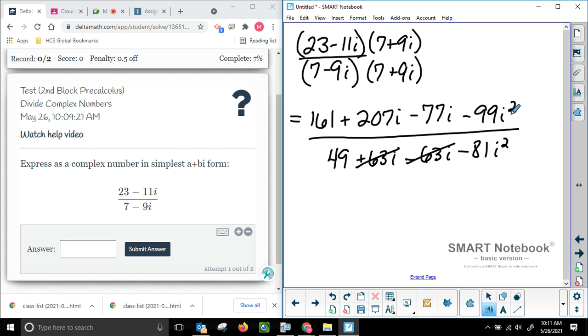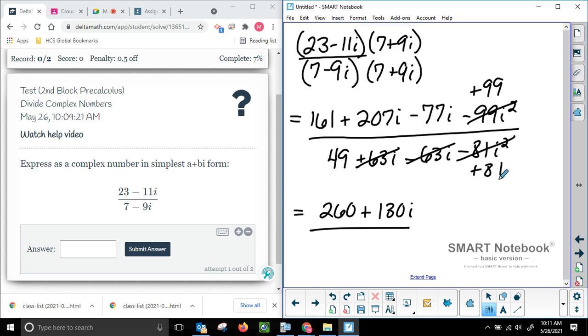Of course, i squared is -1, so -99 times -1 is positive 99, and -81 times -1 is positive 81. So we clean these up a little bit. 161 plus 99 is 260. And 207i minus 77i is 130i.